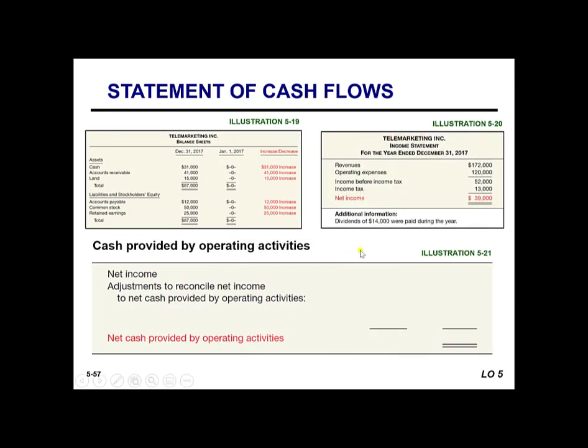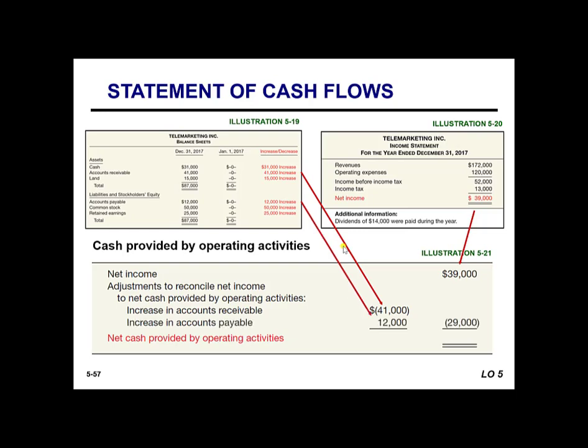Here you're going to have an illustration of cash provided by operating activities. The net income was $39,000, and it comes directly from your income statement. Then adjustments to reconcile net income to net cash provided by operating activities: the increase in accounts receivable of $41,000 and the increase in accounts payable of $12,000, which gives you a net of $29,000.